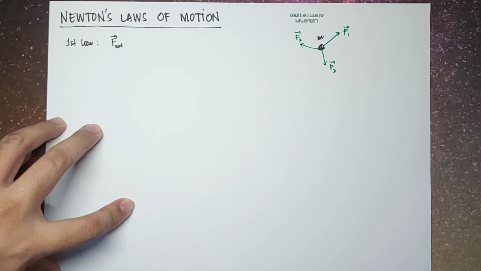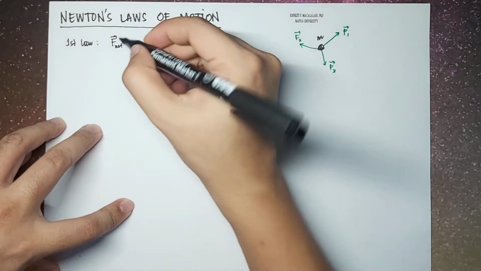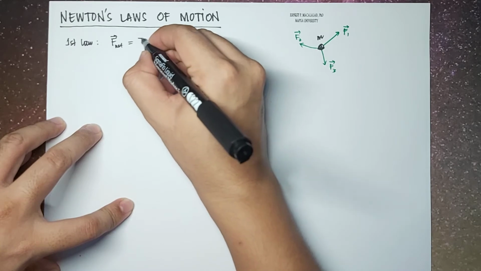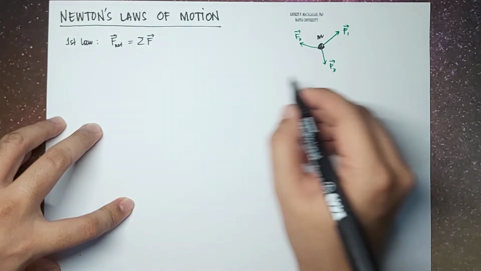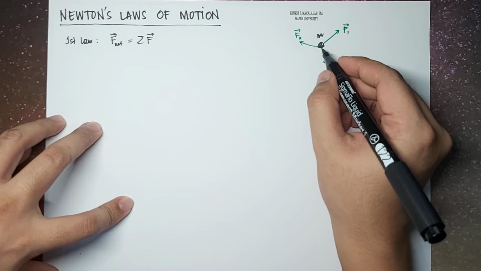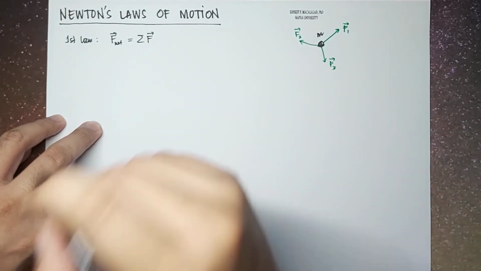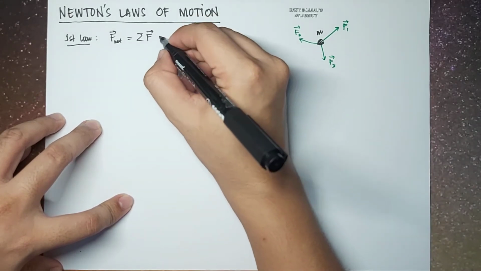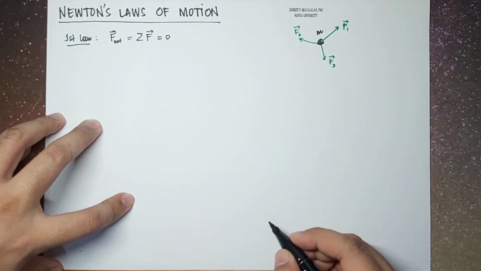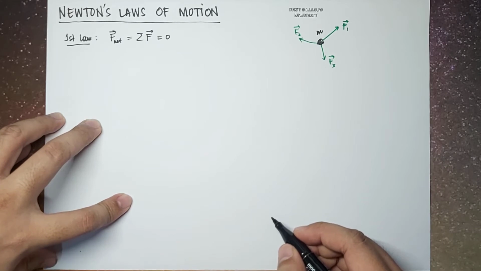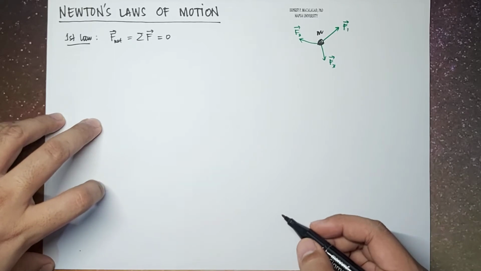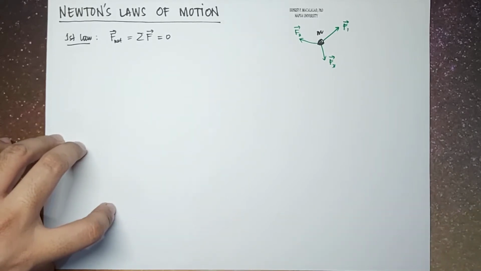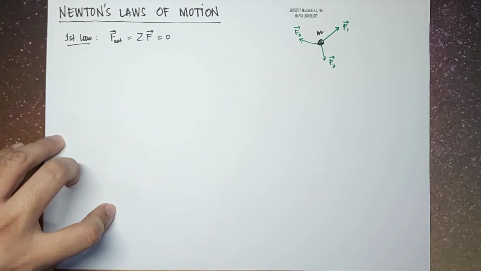Now the net force acting on the particle is just the sum of all the forces acting on this particle m. The first law states that the net force acting on the particle is equal to 0. As a consequence, the particle is either at rest or in uniform motion. When we say uniform motion, that means the particle is moving in a straight line with a constant speed.